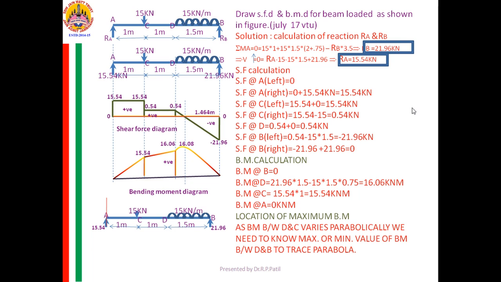Okay. Now I want to join that 16.06 and 0, whether I need to draw a concave curve or convex curve.